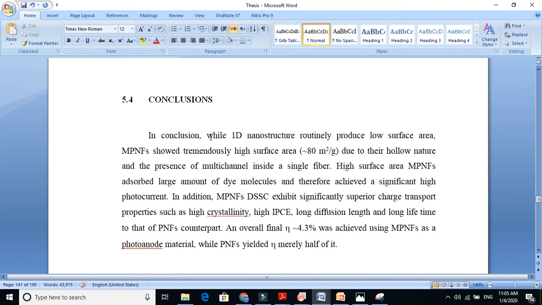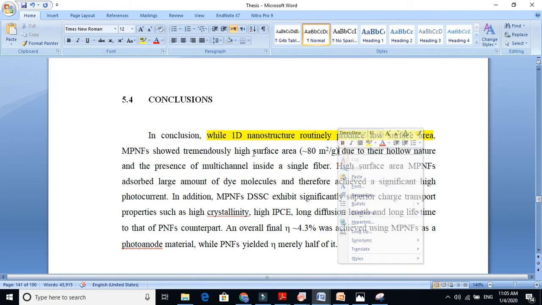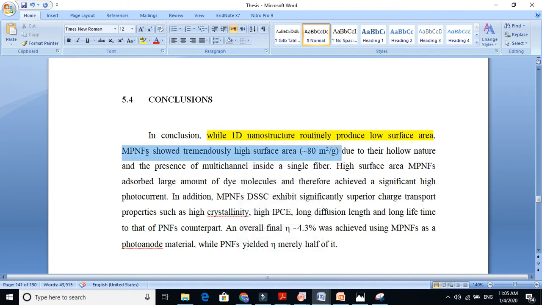In conclusion, one-dimensional nanostructures routinely produce low surface area, and we are not interested in low surface area. Multiporous shows tremendously high surface area. You see, we give the advantage that one-dimensional nanoparticles usually produce less surface area, but we generated something different called multiporous, and it has a very high surface area.